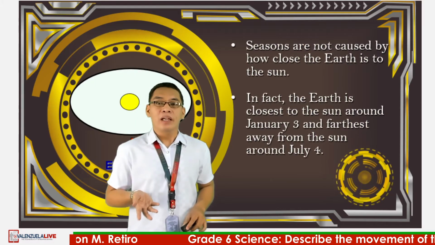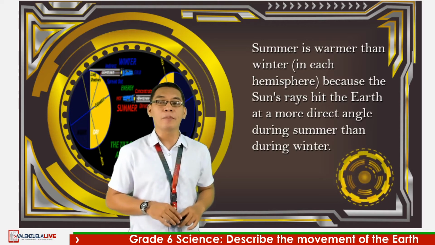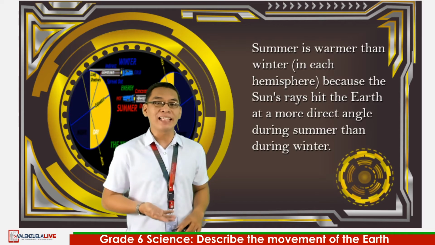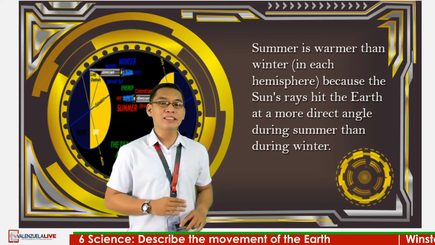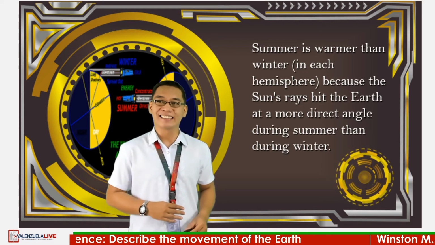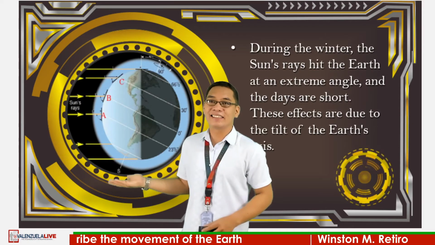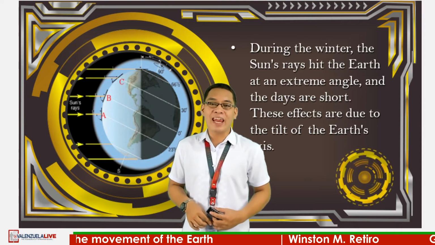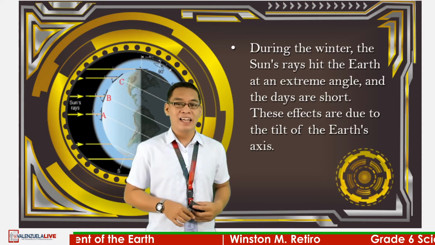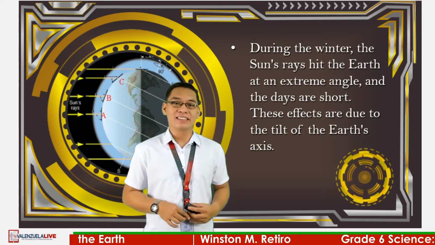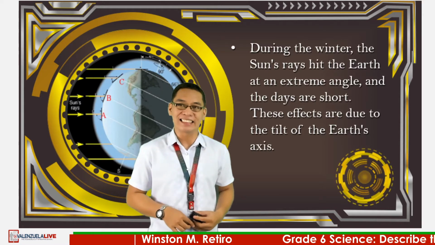Summer is warmer than winter in each hemisphere because the sun's rays hit the earth at a more direct angle during summer than during winter. During the winter, the sun's rays hit the earth at an extreme angle, and the days are short. These effects are due to the tilt of the earth's axis.